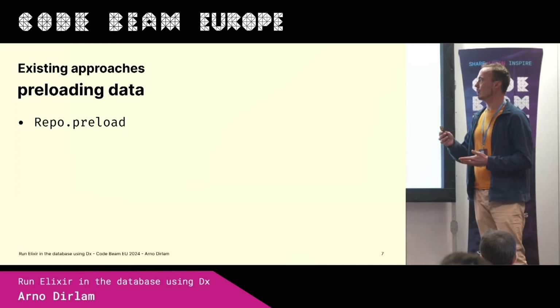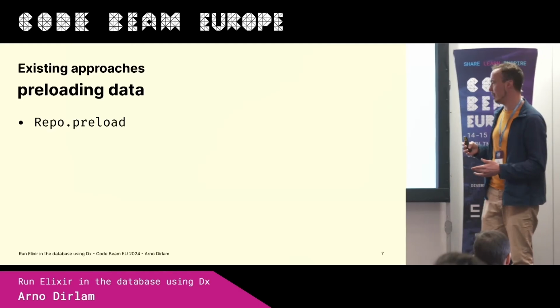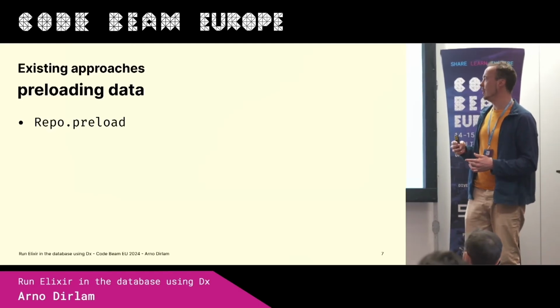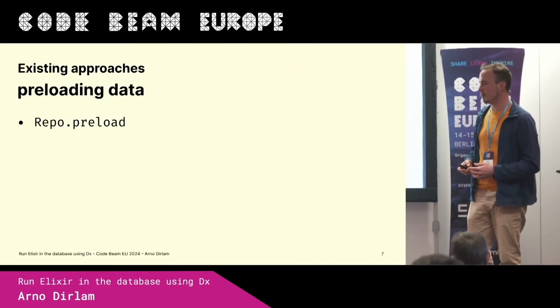Then Ecto will go and detect all the IDs. It needs to fetch the associated records from the database and will nest it inside your structs.